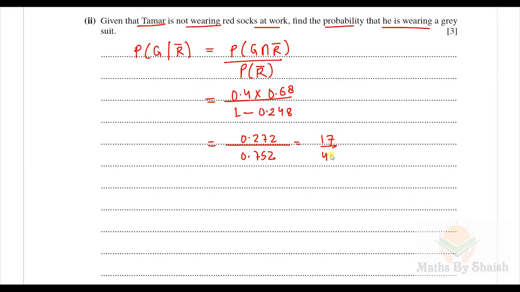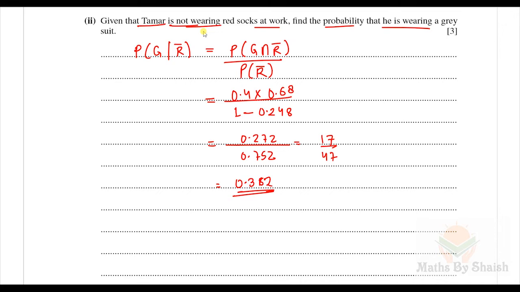It is 17/47, or in decimal it is 0.3617, so 0.362. That is the probability that he is wearing the gray suit, given that he is not wearing red socks at work. So I hope it is clear.